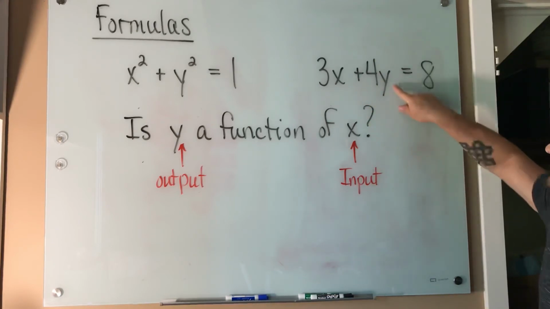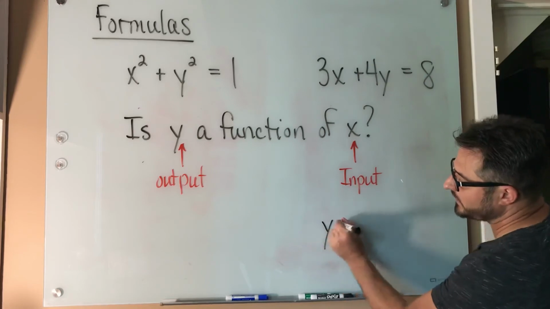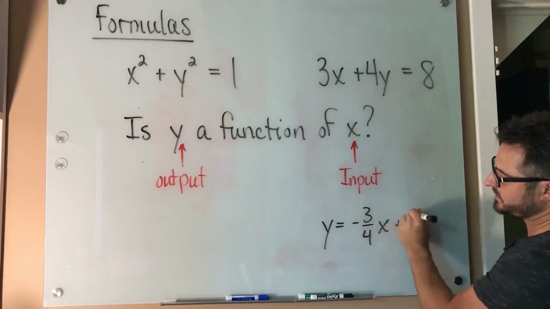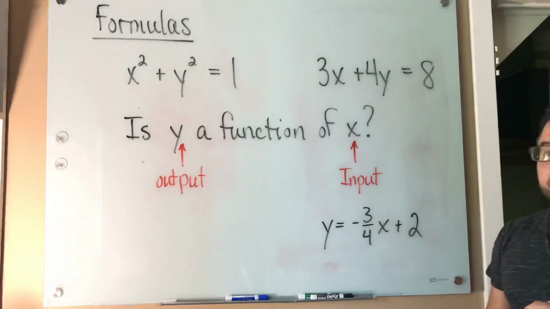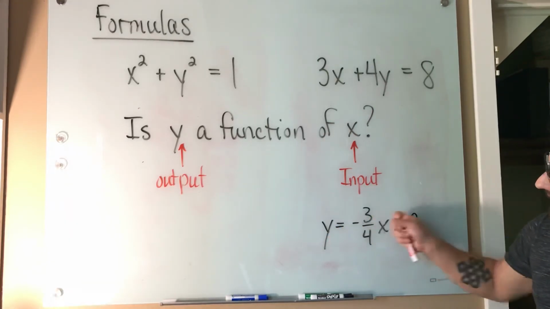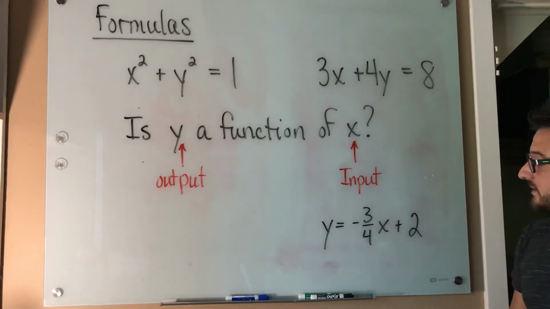If we were to solve that formula for y, this is also known as writing it in slope-intercept form, we would get y equals negative 3/4 x plus 2. This here, y, is an expression entirely in terms of x.